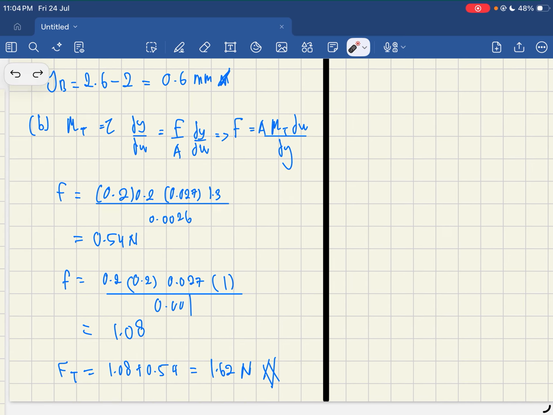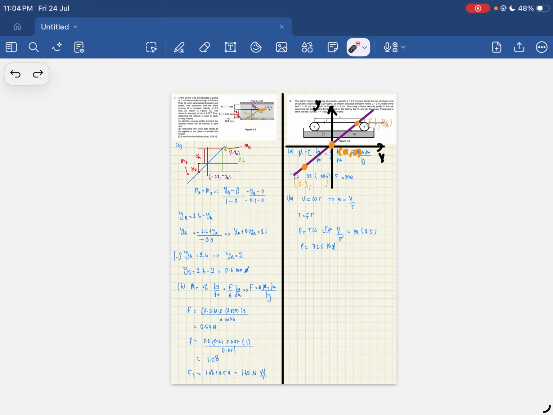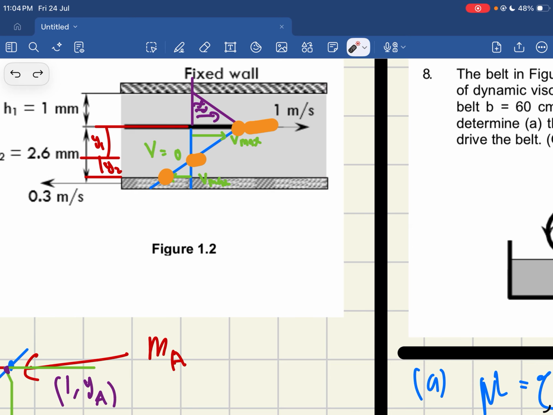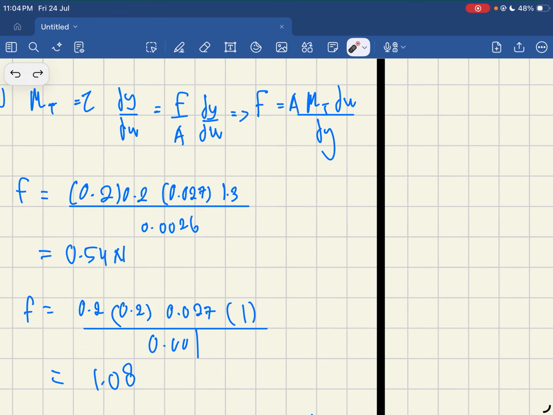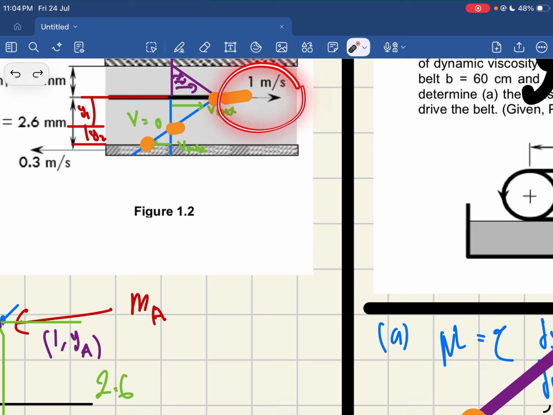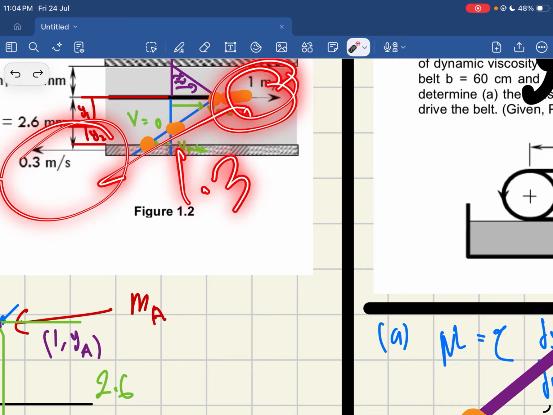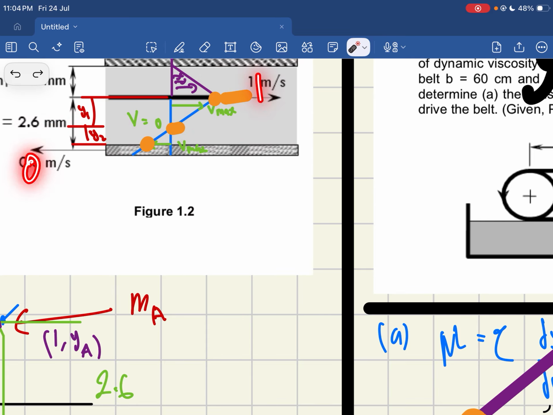And there is a first question: why use 0.002 instead of the point where the zero velocity happens? But anyway, 0.026 is our dy, distance y, and for the velocity, instead of using either 1 or 0.3, they use the relative velocity between both of them. So the relative velocity between both is 1.3; you add 1 and 0.3.